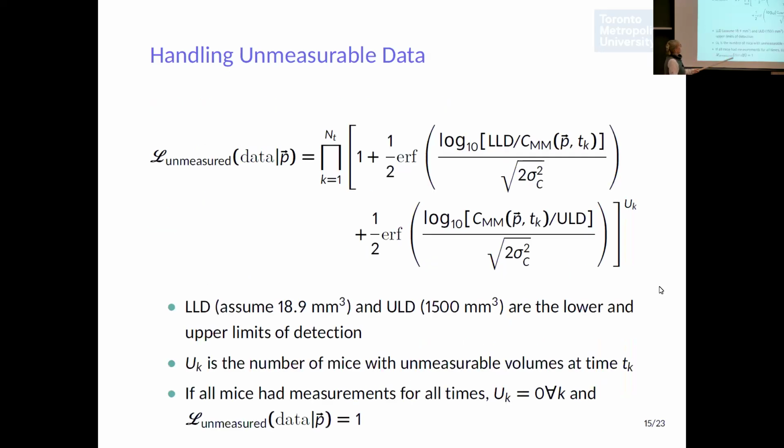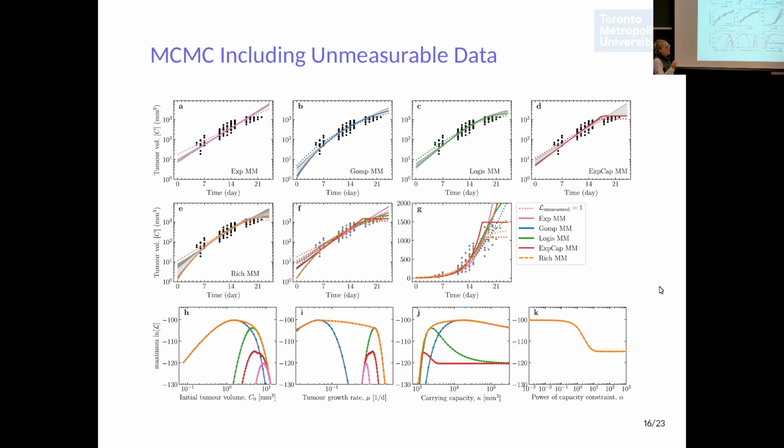So if we use this, I guess I should mention, the lower limit of detection we're assuming is just below the smallest measurable tumor, which was 19 millimeters cubed, and the upper limit of detection we set at 1500 because that's the ethical limit. Okay, so if we use this new likelihood function in the MCMC algorithm, it modifies the results a little bit.